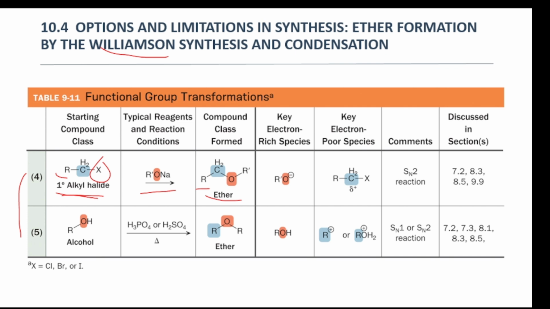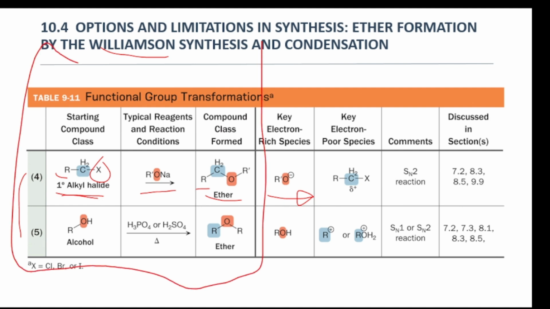Now, this is some of the more additional information. Really good books will have this additional information. Bad books will just have this part and nothing here, because they'll compact down the list and not want to print more. This is quite important because it tells you things like the key electron-rich species that you're going to have to support.